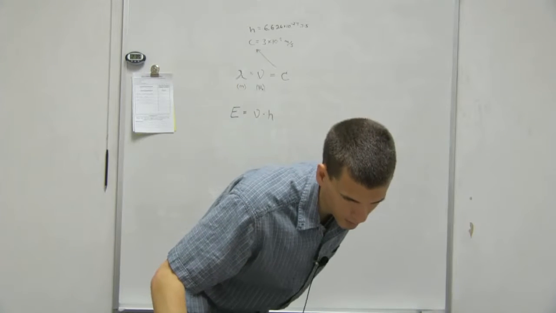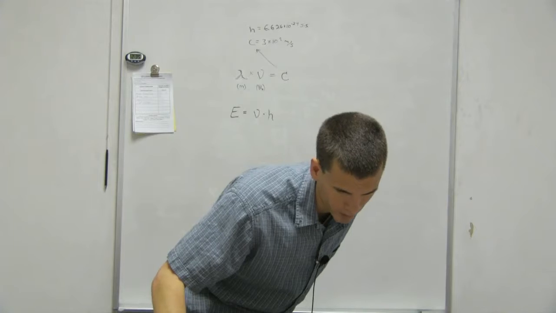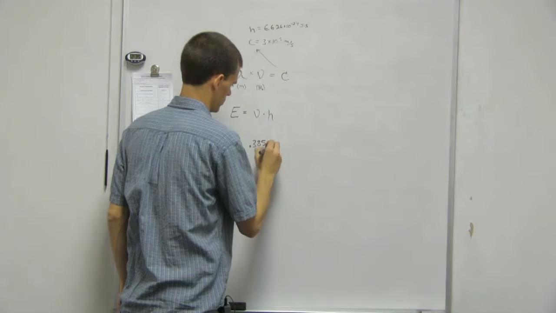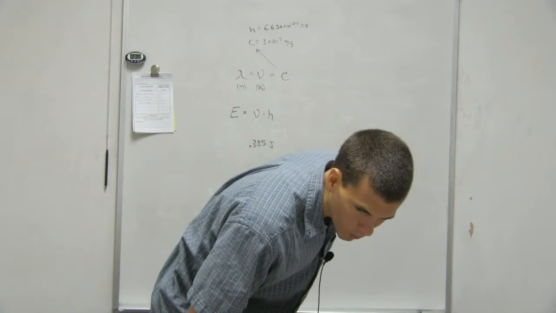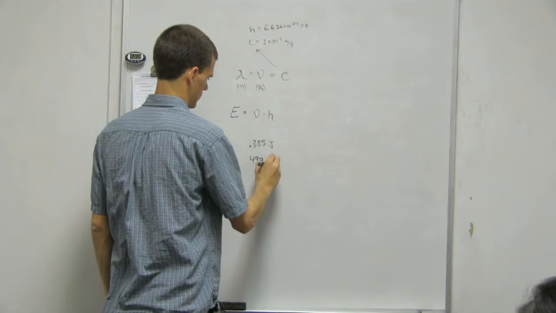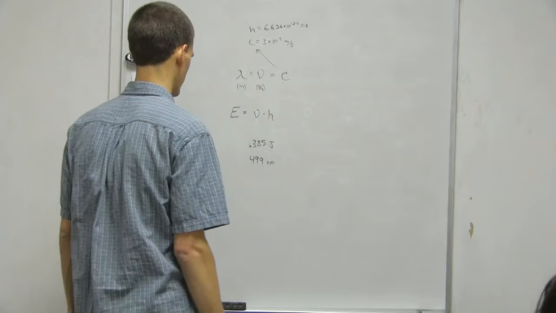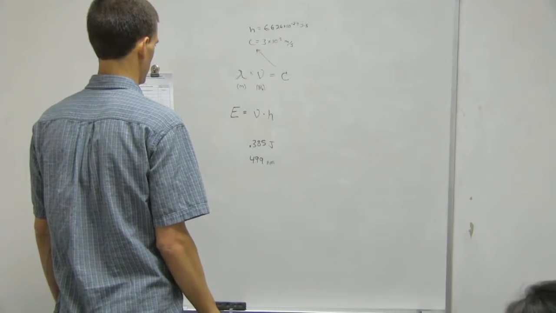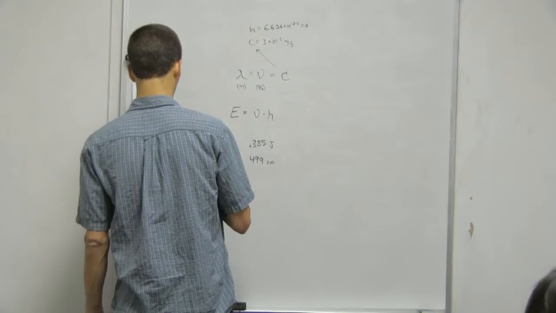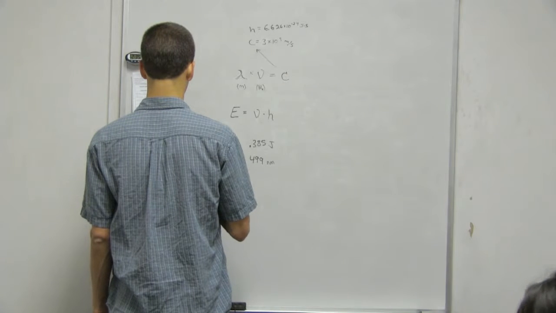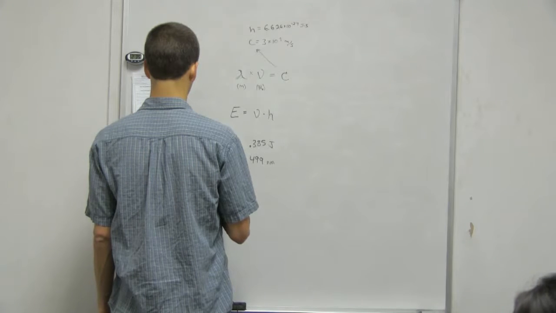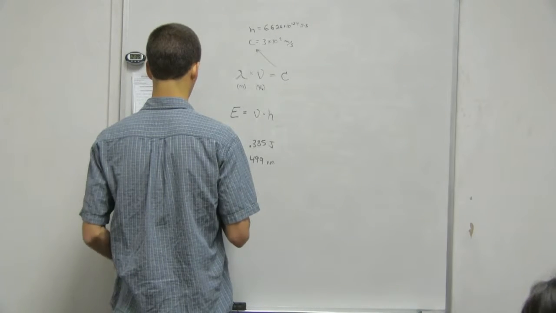It says how many photons are produced in a laser pulse of 0.385 joules and 499 nanometers. Okie doke.